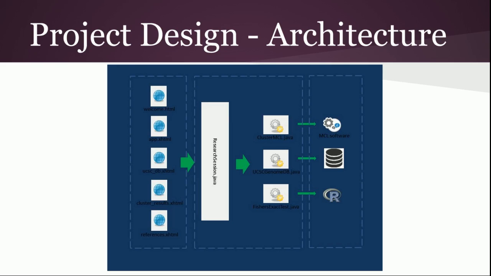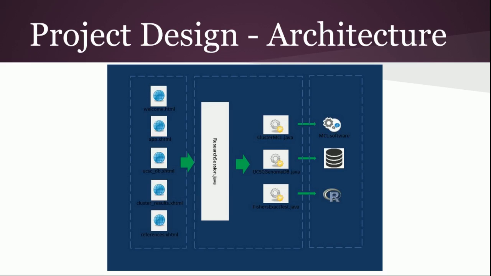The middle tier provides the business logic. And as I mentioned earlier, this ResearchSession.java maintains the state and does dynamic navigation based on the state, and also delegates calls to specialized classes that would then perform the heavy lifting. Those specialized classes are ClusterMCL.java, UCSCGenomeDB.java, and FishersExactTest.java.